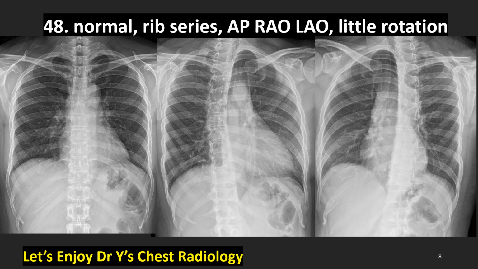If the fracture is big enough to be identified with enough displacement, that can be seen in any of these three images. But if the displacement is not so remarkable, it can only be identified in single image. And one more, the rotation view is better in less rotation than much rotation. Little rotation is good enough to see the enough amount of rib areas.